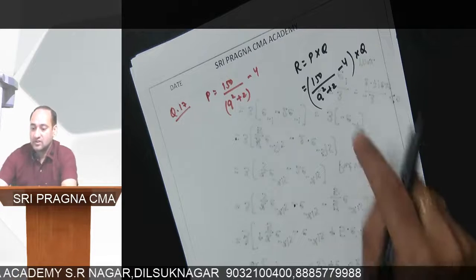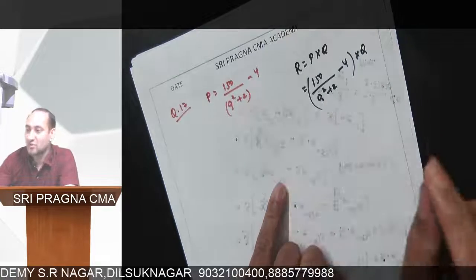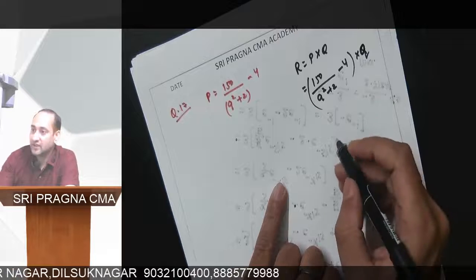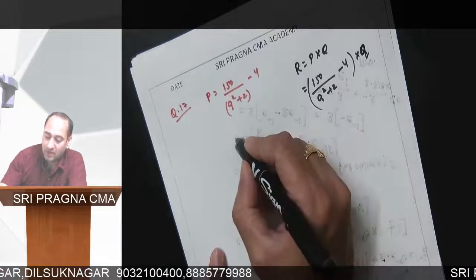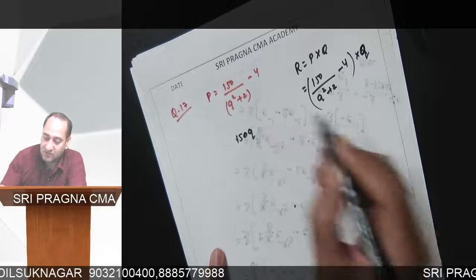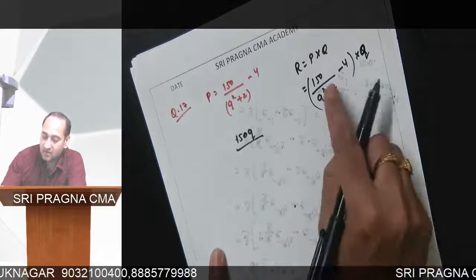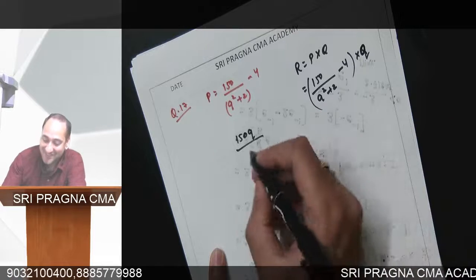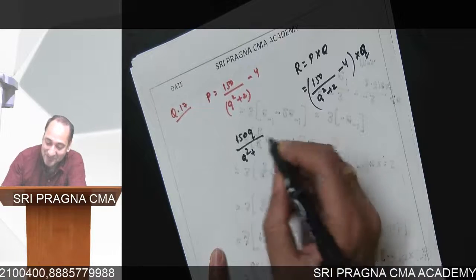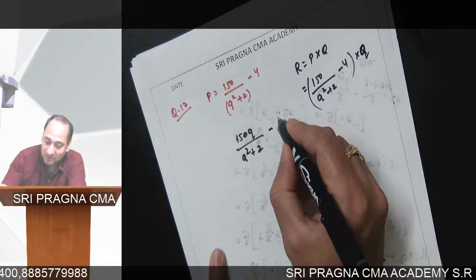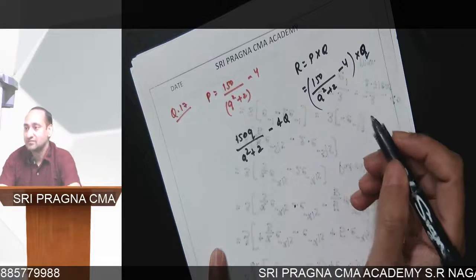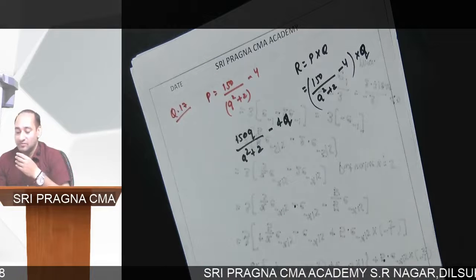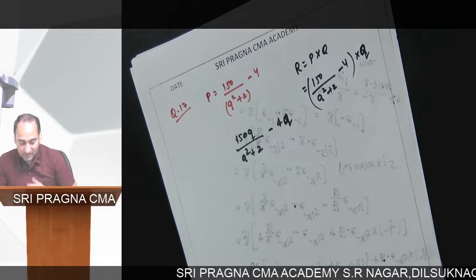They are using the small q, but I have used a bigger q, so let me make it small q and put it in the proper way: 150 divided by q square plus 2, minus 4, into q. Is it okay for all of you?